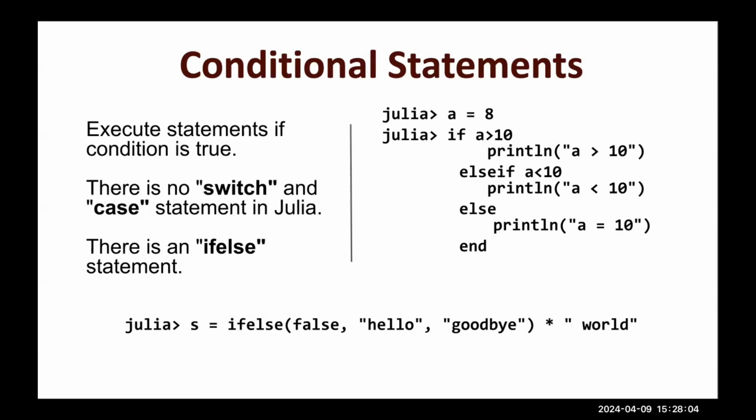You can have multiple else if branches, until finally you use up all the possible conditions, and then you have a default statement. Whenever none of the above are happening, you do something. That's the else statement. And finally, you have an end to wrap up, so that Julia understands you're finishing your conditional statement. So that's the whole structure.